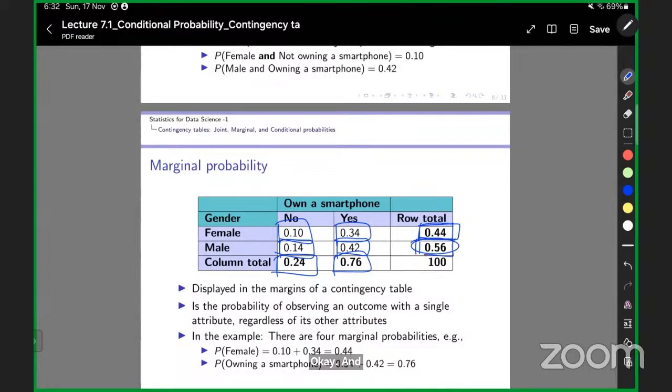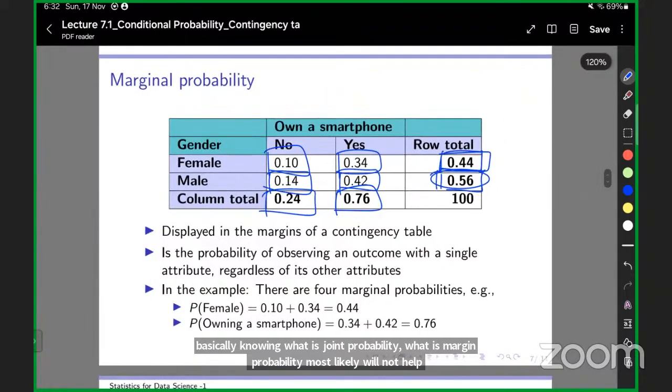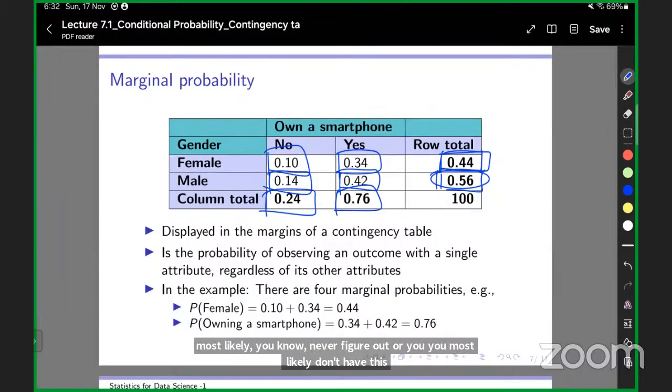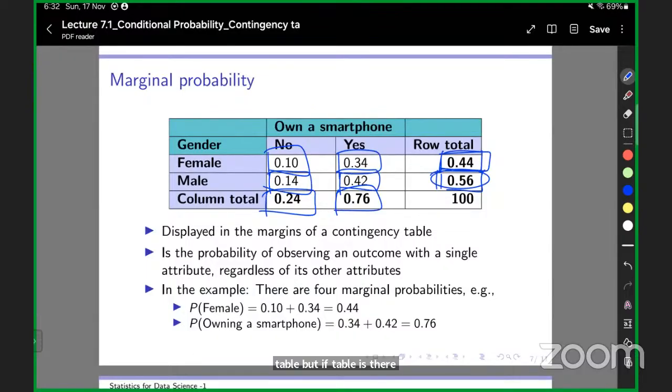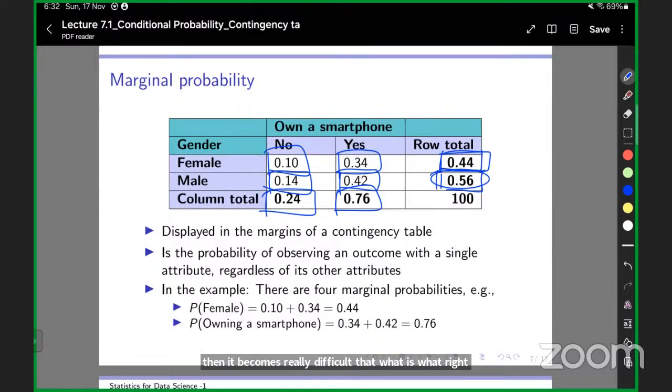Knowing what a joint probability is and what a marginal probability is will most likely not help in question solving, because you most likely don't have this table. If the table is there, then yes, you can do that. If the table is not there and it's just a question, then it becomes really difficult to know which is which. So don't worry, you just need to know how to solve this kind of question.